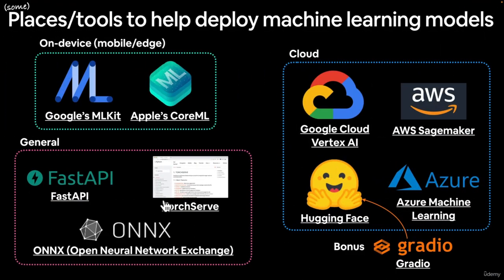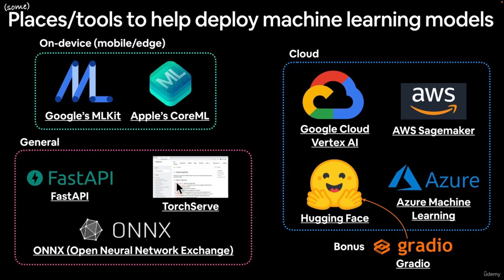The reason we're doing this is because there are a lot of different places and tools to help you deploy machine learning models, and it will be highly dependent on what your use case is. For example, if you're working on FoodVision Mini, you might want to look into these models. Or if you're working on an image generation app, you might want to look into something like this.